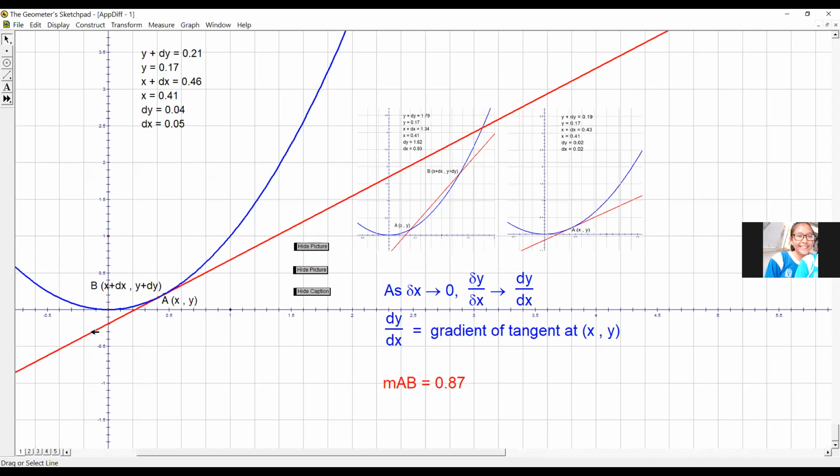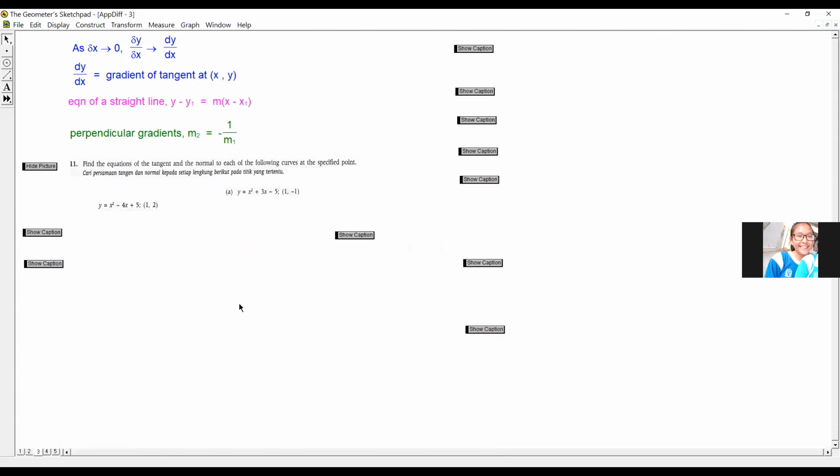The equation of the tangent is the red line. What they want us to find now is not only the gradient of this red line, but you also need to find the equation of this straight line. So how to find the equation of tangent and equation of normal? This is the first problem I'm going to solve.